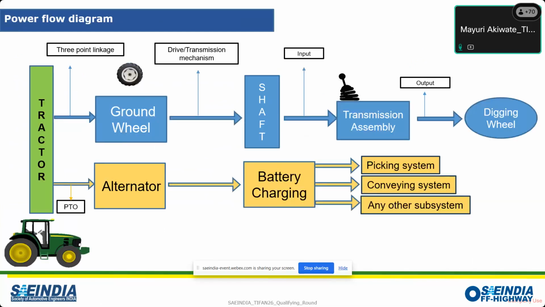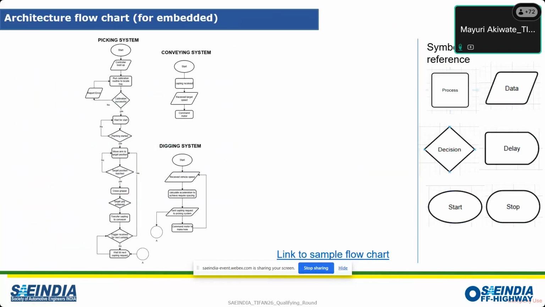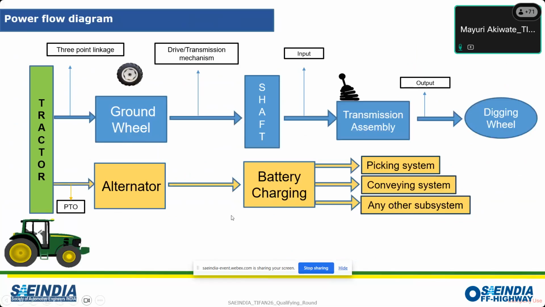First, this is the power flow diagram. This is one of the examples I have shown here. You need to draw the power flow diagram for your overall system, and the architecture flow diagram for the embedded system. I will first explain the power flow diagram, and the architecture diagram will be explained by Abhay.